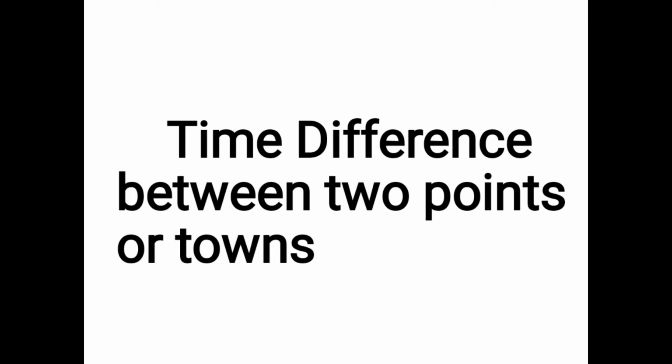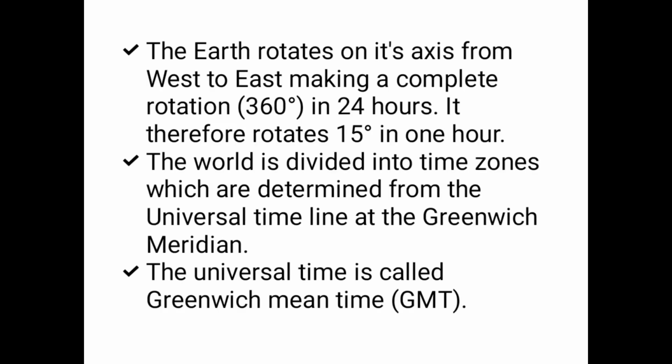Okay, so the Earth, we know it rotates on its axis from west to east, making a full revolution of 360 degrees in 24 hours. Therefore, every 15 degrees is equivalent to an hour.